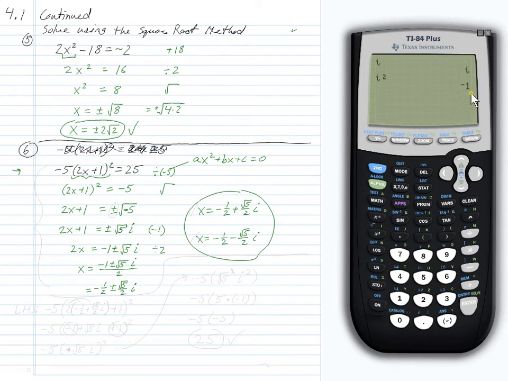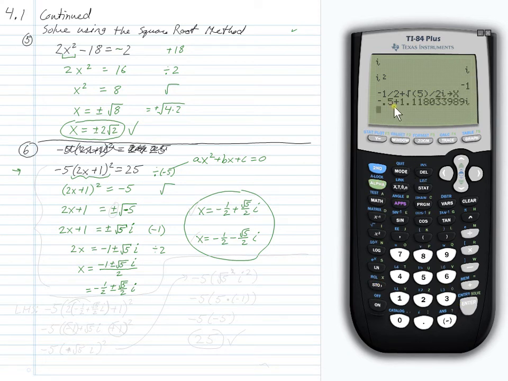Your calculator can perform calculations using that. So let me type in my solution, -1 over 2 plus the square root of 5 over 2 times i. So that's my first x value. And you'll see that it returns this big decimal expansion.